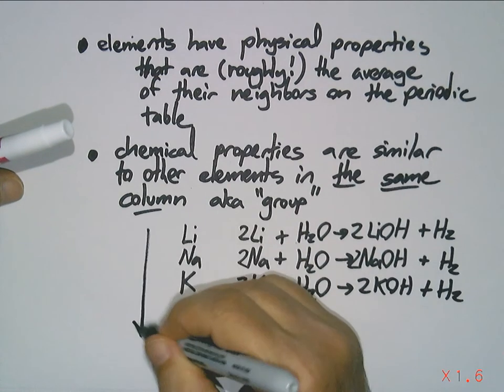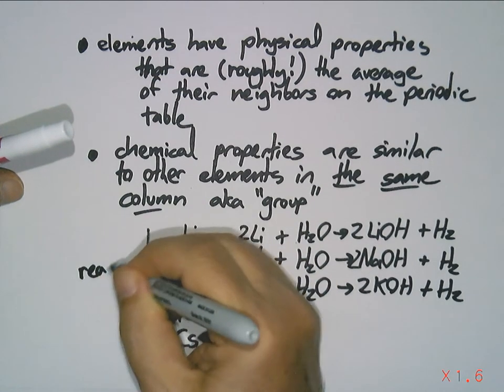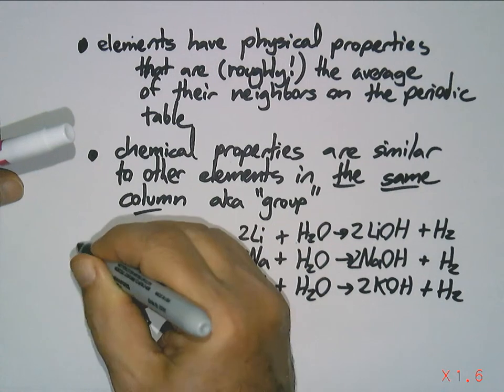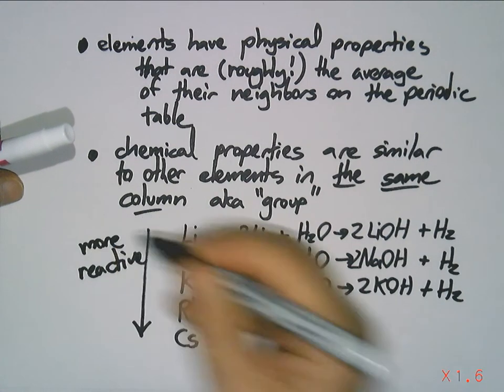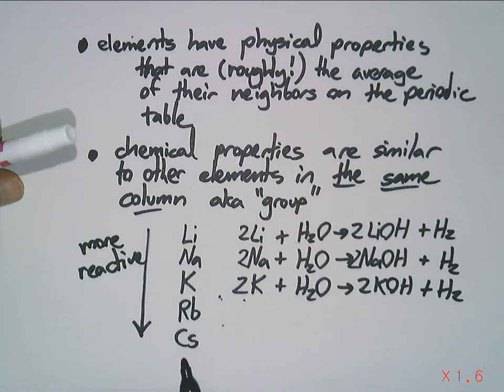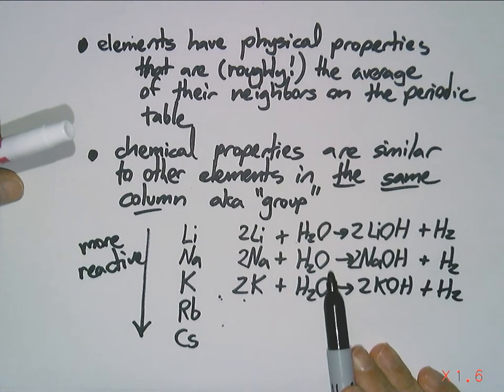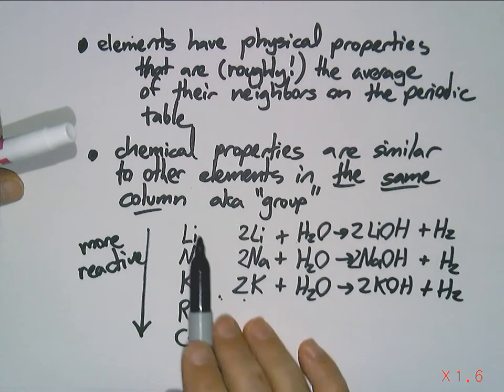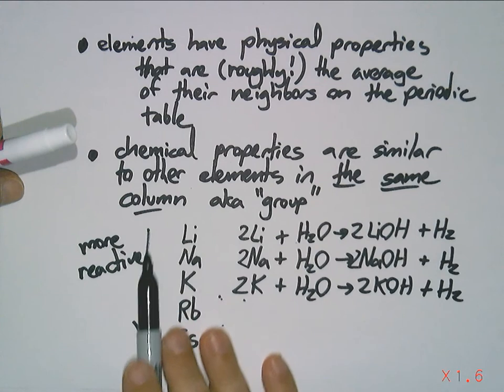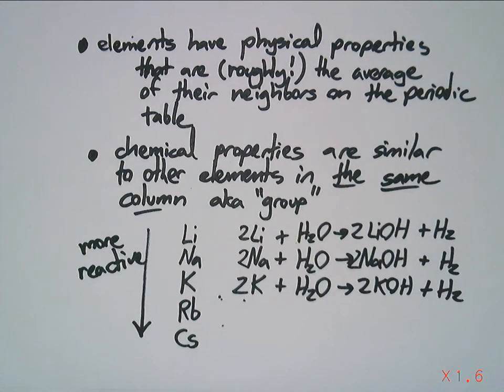So these things get more and more reactive as you go down the column. So things in the same group are chemically similar. They undergo the same reactions, but they're not all identical. They get more and more reactive. We'd like to be able to explain this, and we've learned to write down electron configurations, and these are going to be extremely valuable in explaining this kind of behavior that we're seeing on the periodic table.